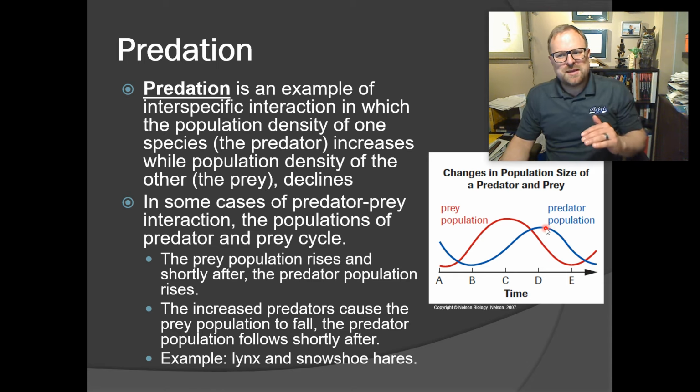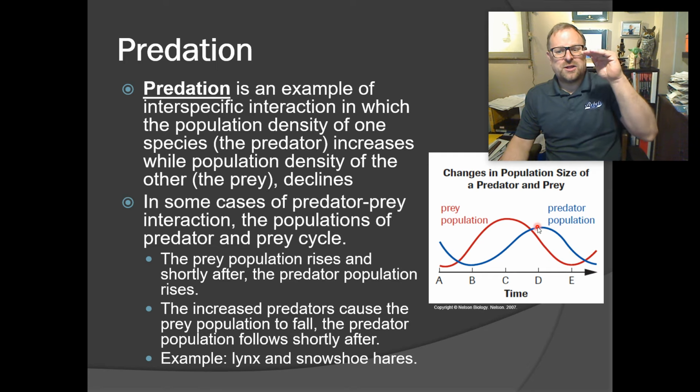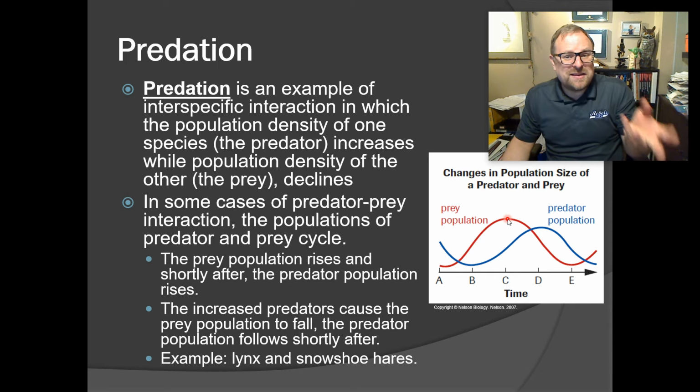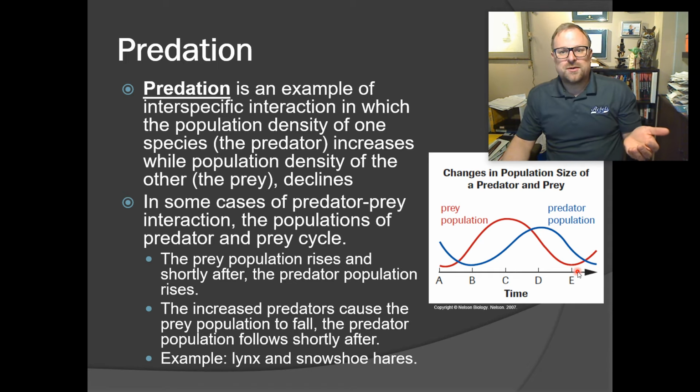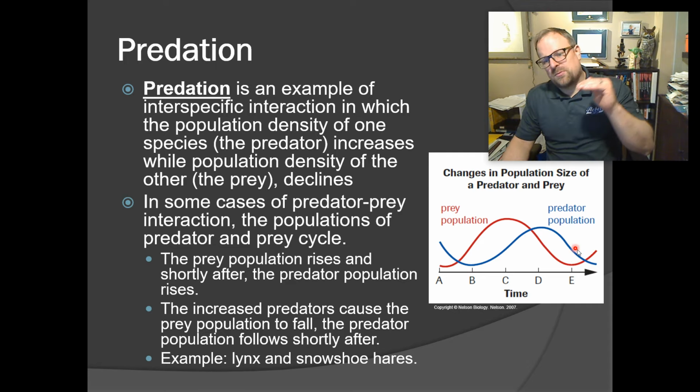But they push it to their population limit, where there's only enough hares to go around when their population is here. When that population gets too high, they eat themselves out of house and home, and the prey population crashes. If there's not enough around for those predators to eat, the predator population crashes shortly after.